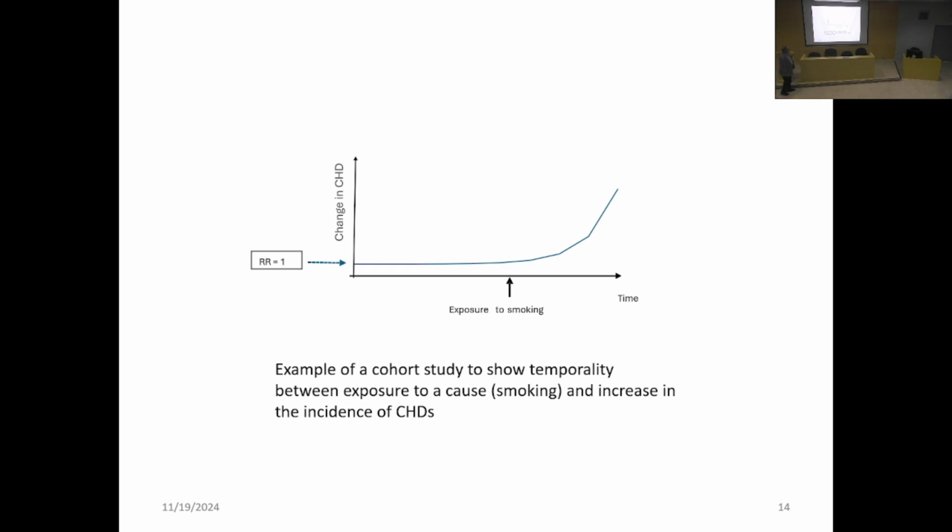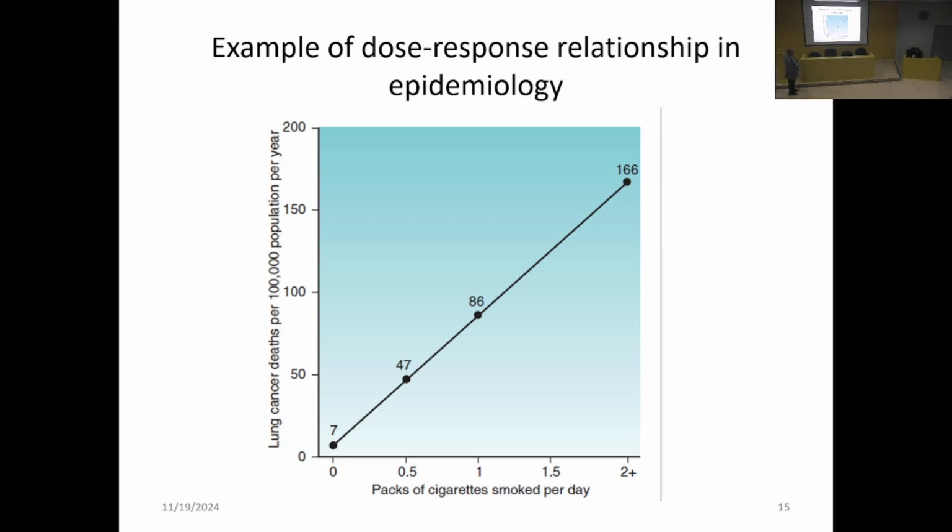This is an example of a cohort study to show temporality between exposure to smoking and increase in the incidence of coronary heart disease. On the y-axis you have the change in coronary heart disease, because it increases. Another important criterion of causation is what we call the dose response.